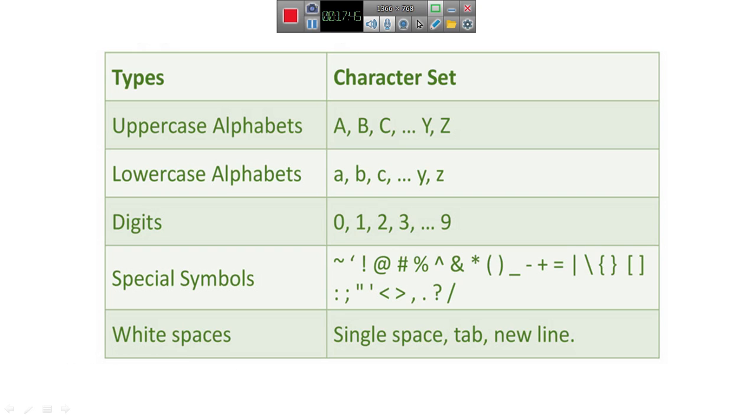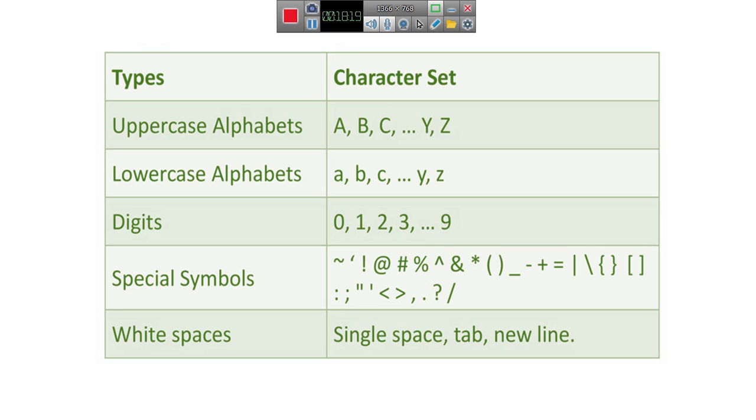See here, different types of character sets. Uppercase alphabets, that is uppercase letters A, B, C up to Y and Z, and the lowercase alphabets, that is a, b, c, up to y, z.